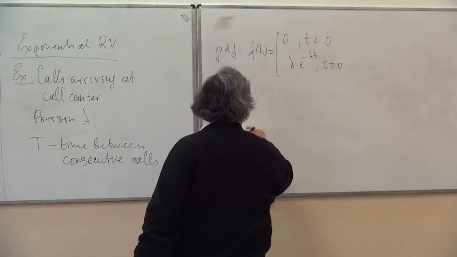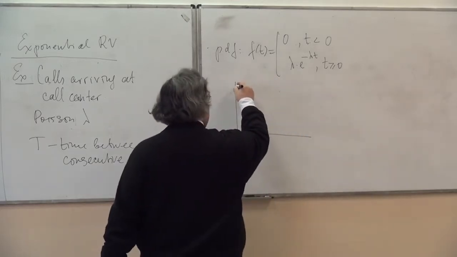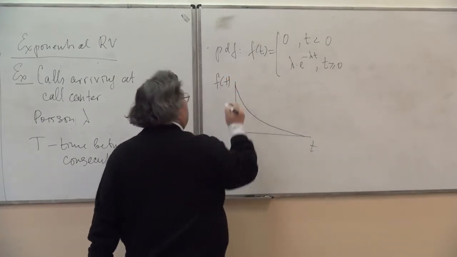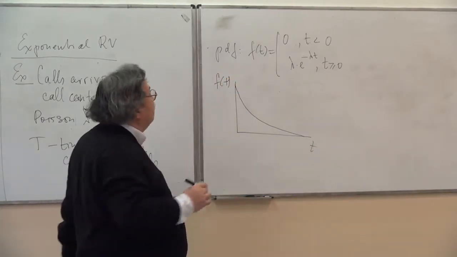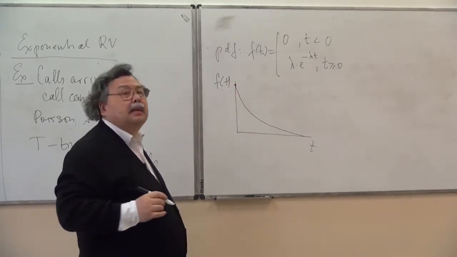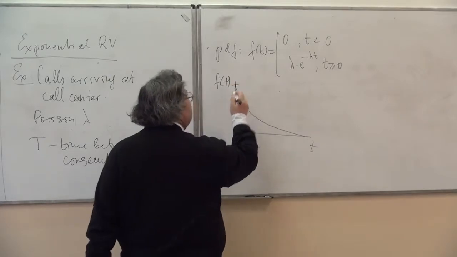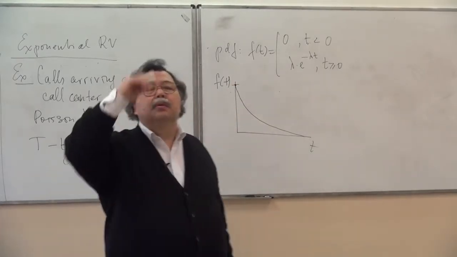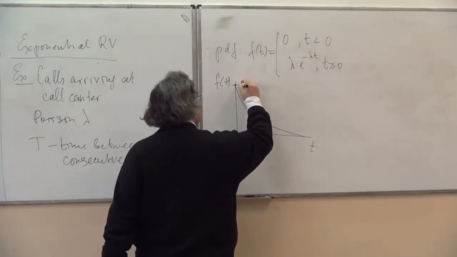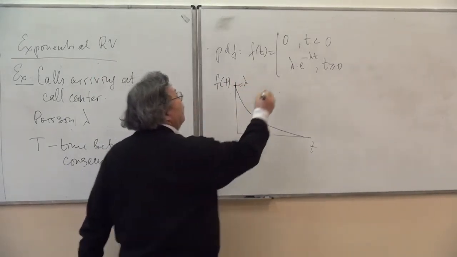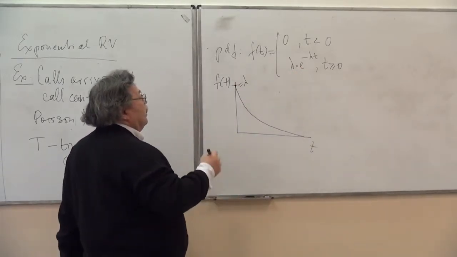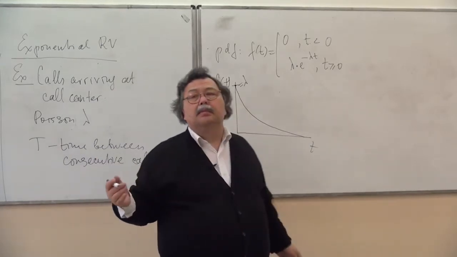Generally it looks like this. Now this y-intercept, the coordinate on the vertical axis where this curve starts, is actually equal to lambda. Lambda can be any number.